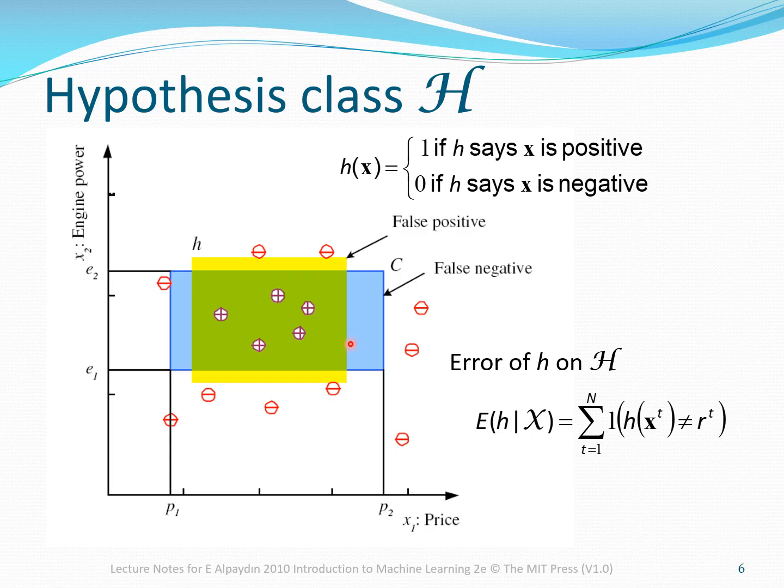The point where C is equal to 1 but h is 0 is called a false negative, and the point where C is 0 but h is 1 is called a false positive. Other points, namely true positives and true negatives, are correctly classified.